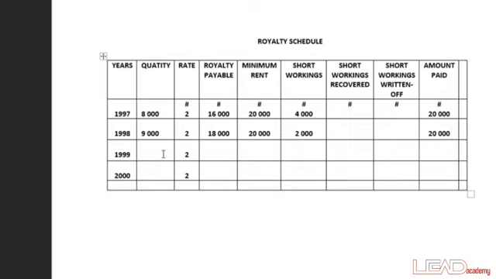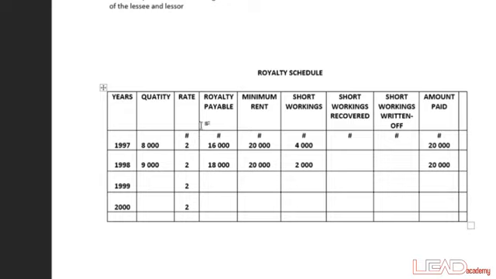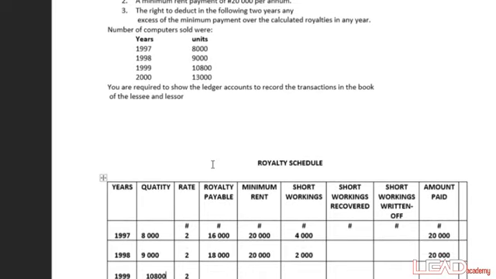So you do the same thing: you multiply your quantity by the rate to get your royalty payable, then compare with your minimum rent. I advise you to pause the video and try to do it yourself.